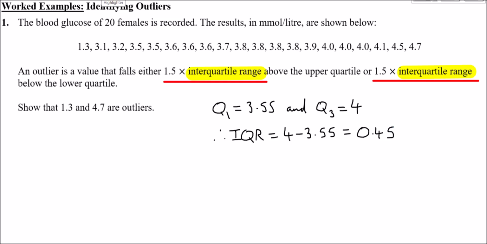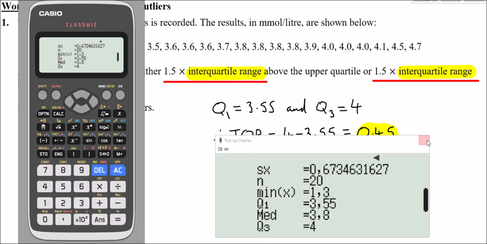So the interquartile range is 0.45. Now we've worked out the interquartile range, we need to multiply this by 1.5. So 1.5 multiplied by the interquartile range is going to be 0.45 multiplied by 1.5.